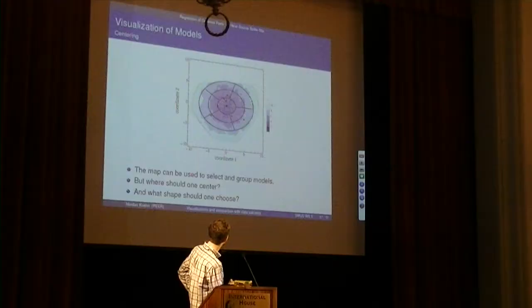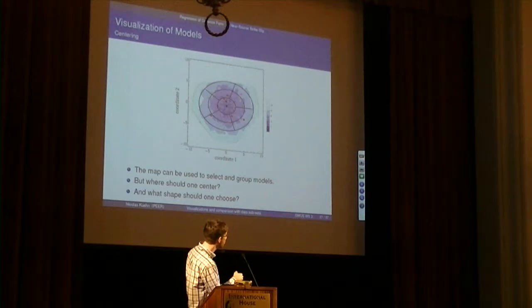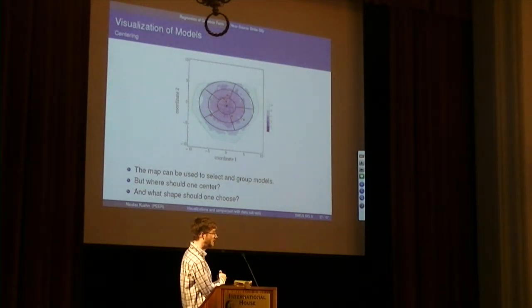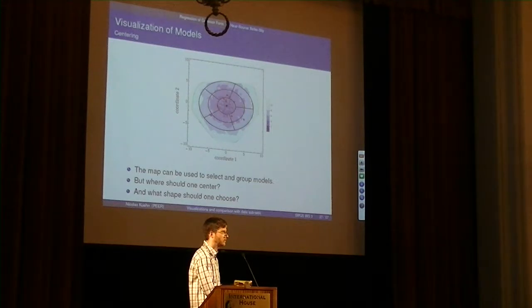If you go here, these cover a larger range, and they're probably more different from here to there. And of course, if you do it like this, how do you come up with a representative model inside there? And this is a fundamental question.